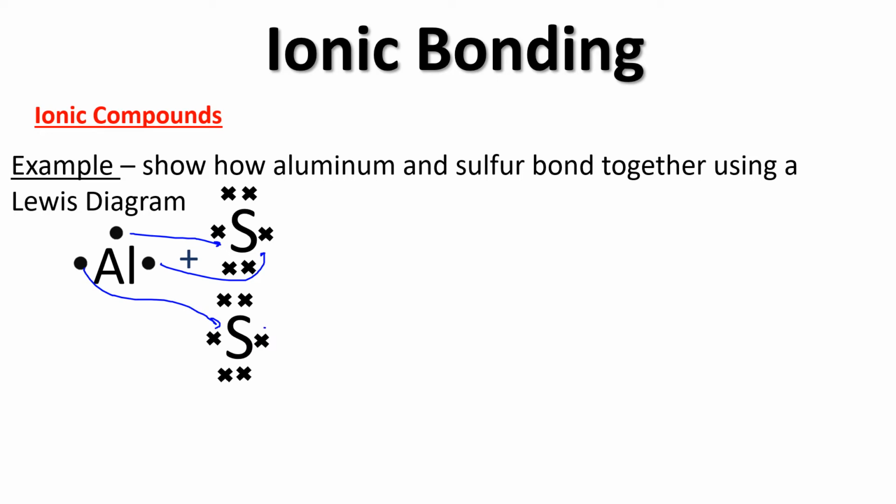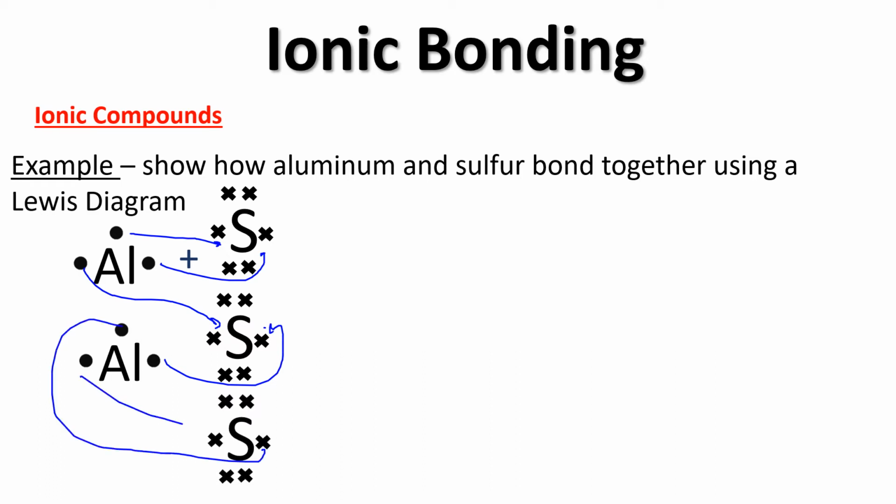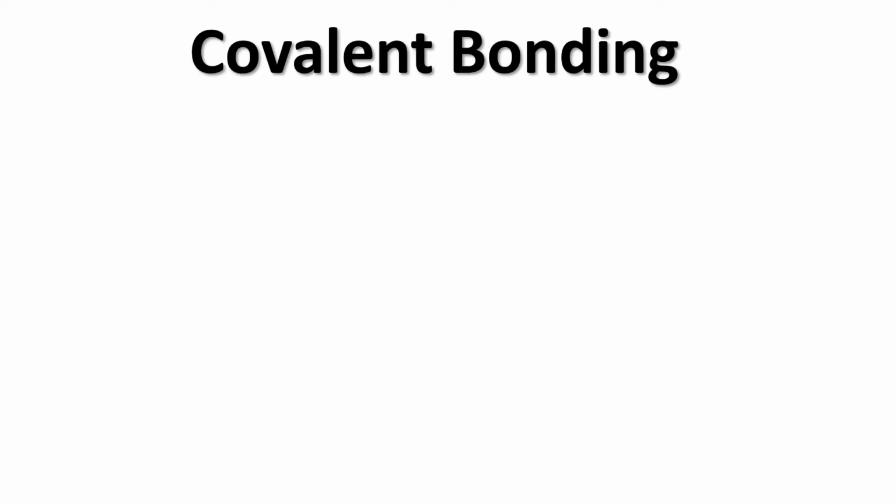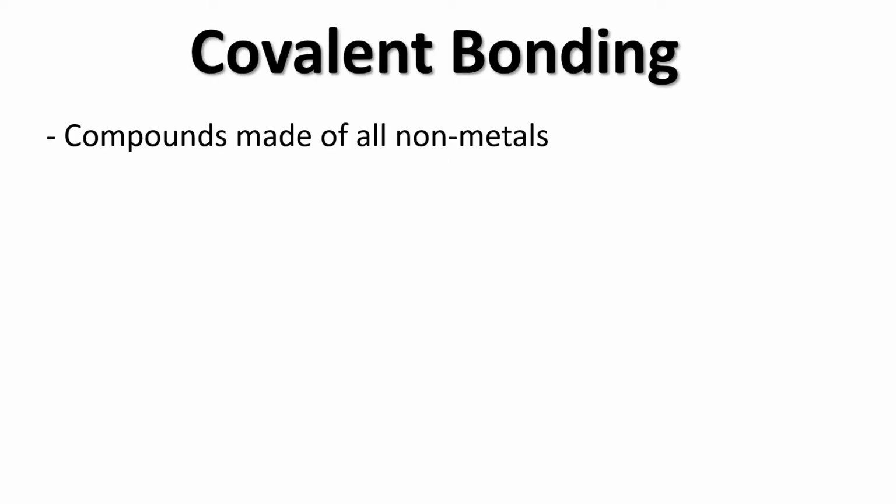But then we have an unbonded sulfur here, so we'll add in another aluminum, and then that one can go there, and then we can put another sulfur there, and then finally we can put this to rest. And I'm just going to draw it like that. I'm not even going to draw the valence electrons. It's starting to be crazy. But we've discovered that we've got 2 aluminums and 3 sulfurs. So don't forget, this is really coming from the crossover method that you learned back in the day. That's aluminum sulfide.